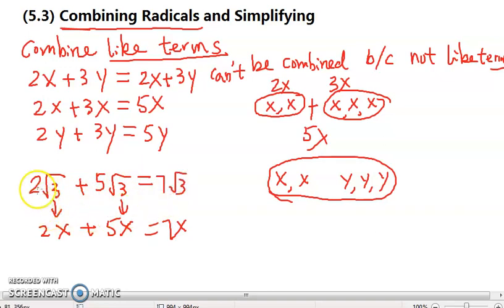Again, the meaning is 2 radical 3 means 2 times radical 3, or you can say 2 copies of radical 3 plus 5 copies of radical 3, we got 7 copies of radical 3. The multiplication sign can be omitted.